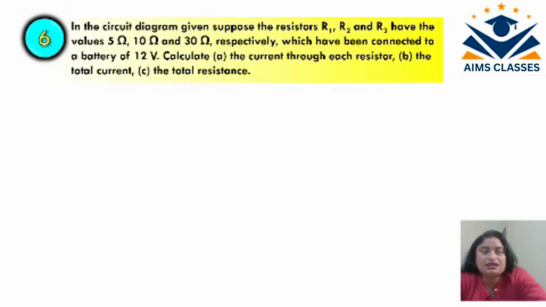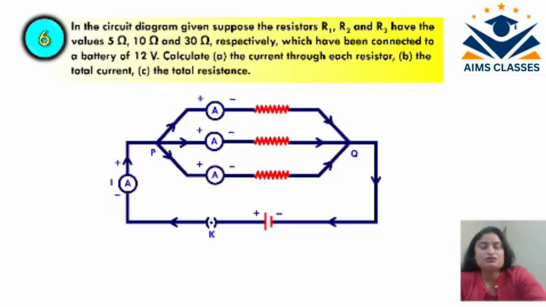In the circuit diagram given, suppose the resistors R1, R2 and R3 have the values 5 ohm, 10 ohm and 30 ohm respectively, which have been connected to a battery of 12 volt. Calculate the current through each resistor, the total current and the total resistance.